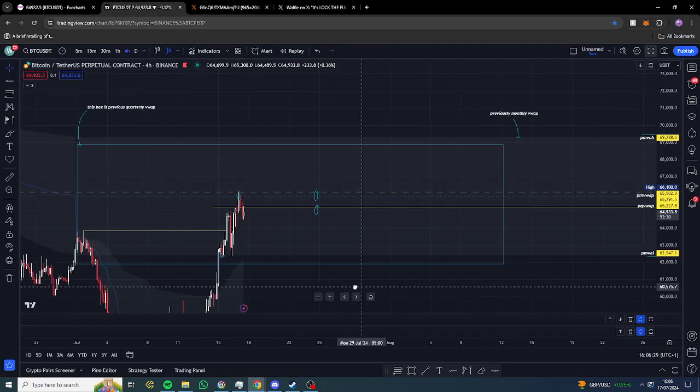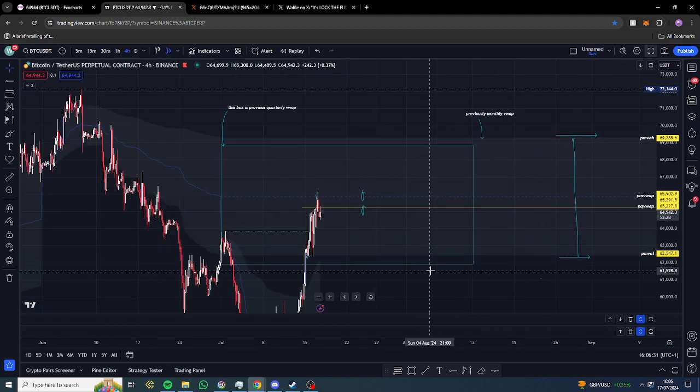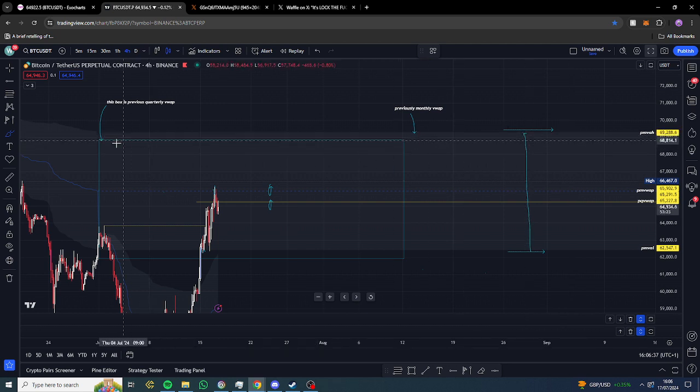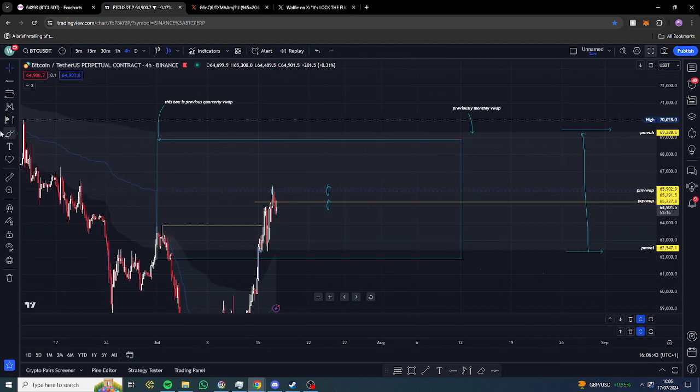Before I get started, I just want to say I saw two interesting things with the VWAP. You had the overlapping of the previous quarterly VWAP range and the previous monthly. Moreover, on the actual VWAP structure itself, this was a large range and untested or untraded.